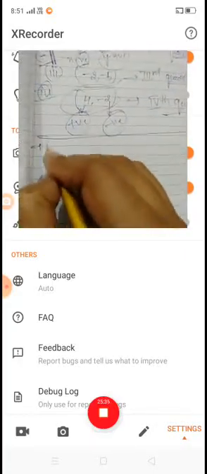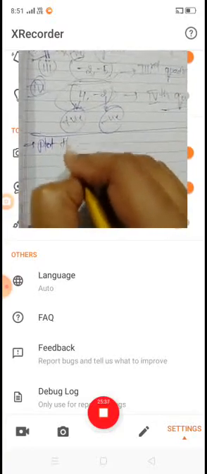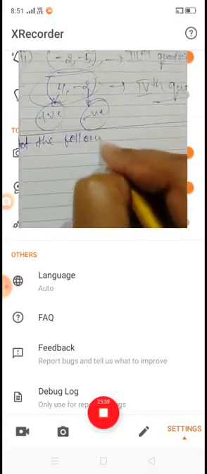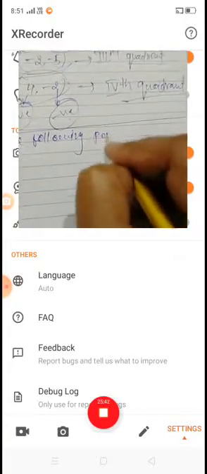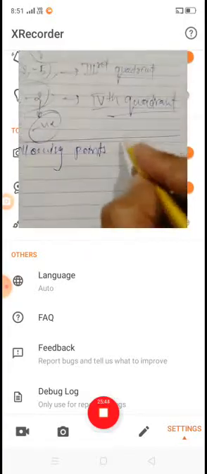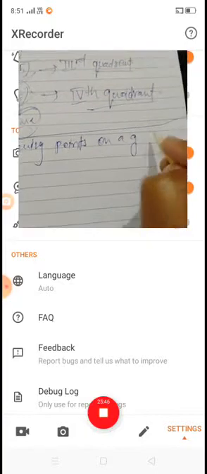Your question is: plot the following points on a graph paper.